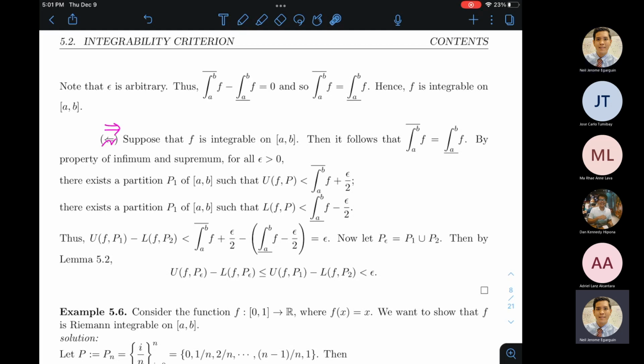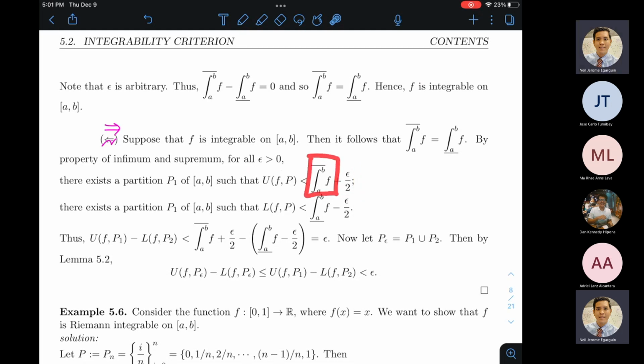Now, by the fact that the upper Riemann integral is the infimum of all upper Riemann sums, siya dapat yung greatest lower bound ng mga U. So pag dinagdagan ko siya ng katiting na positive number, say epsilon over 2 for any given epsilon greater than 0, etong bagong sum na to, hindi na siya pwedeng maging lower bound.